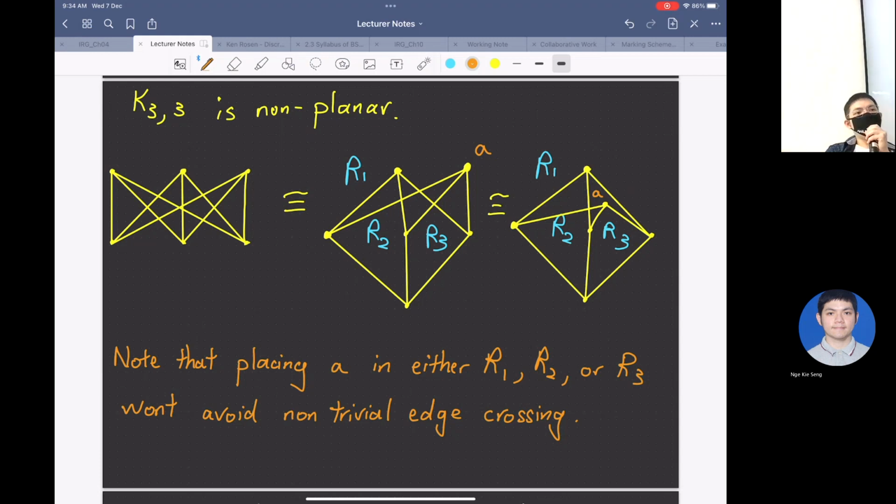Okay. So there are a few ways to prove something is non-planar. One is to use this planar representation. I mean, try to find a planar representation, but you can't find it. So using the diagrammatic way. But when the graph is too big, you can't really use this argument. So what you can do is what we did just now.